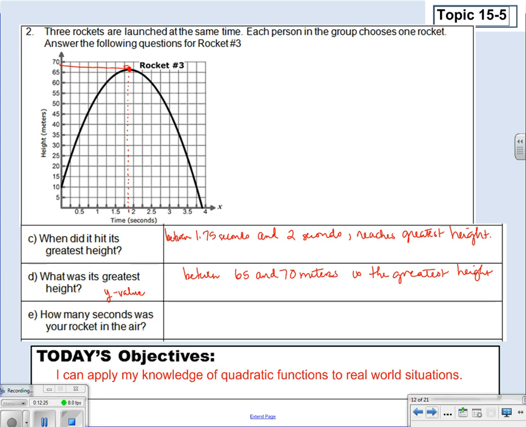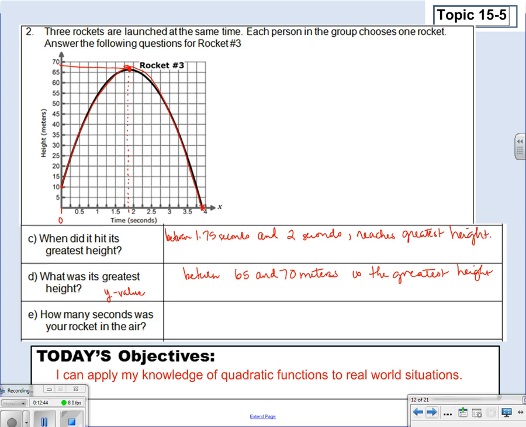How many seconds was your rocket in the air? It started off at liftoff at the 10, and that's at time 0. Then it's going to go up, reach its maximum, and come back down and hit the ground again.